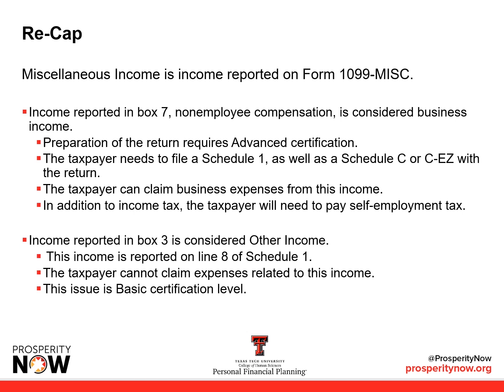In addition to income tax, the taxpayer will need to pay self-employment tax. Income reported in Box 3 is considered other income. This income is reported on line 8 of Schedule 1. The taxpayer cannot claim expenses related to this income. This issue is basic certification level.